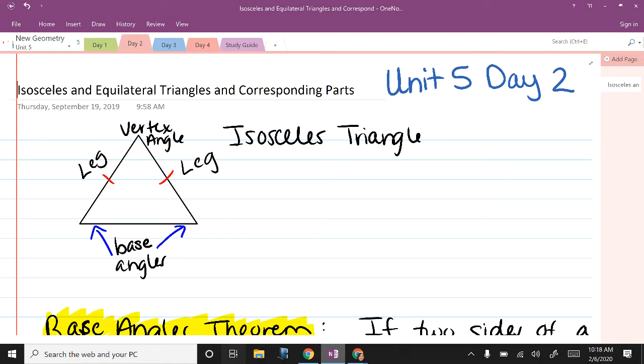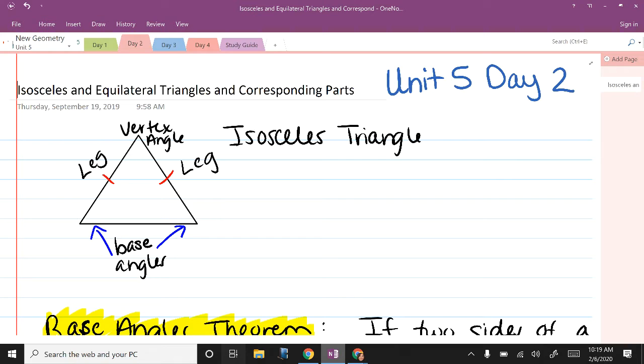The angle where they meet is called the vertex angle. And the 2 angles that come off of the legs are called the base angles. So the vertex angle is between the 2 congruent legs, and the base angles are the other 2 angles.